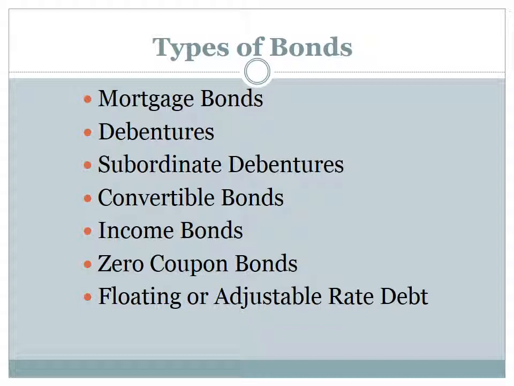So those three are really classes of bonds. Now, the last 4 points I've got there: convertible bonds, income bonds, zero coupon bonds, and floating or adjustable rate bonds. Those are different types of bonds, just to give you some examples. Convertible bonds are very common.